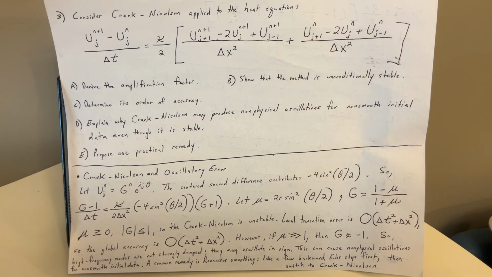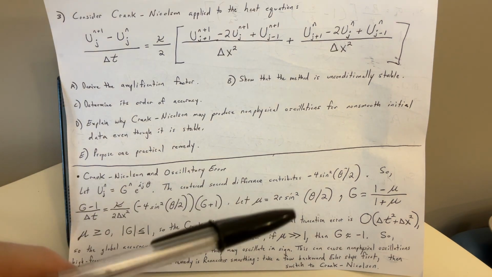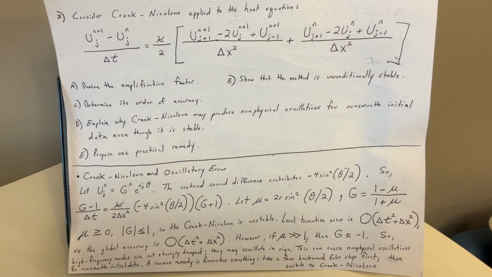We let mu equal 2r sine squared of theta over 2. So G equals (1 minus mu) over (1 plus mu), and mu is greater than or equal to 0.